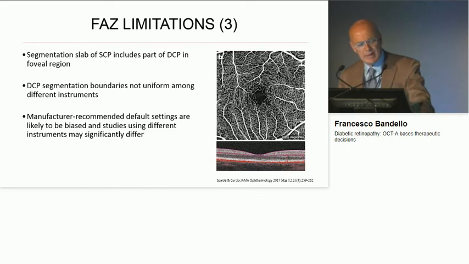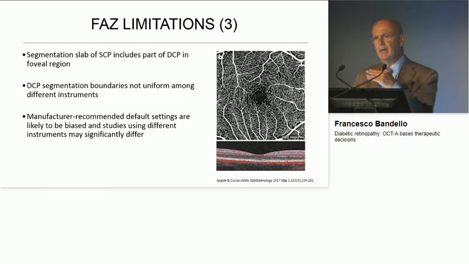And another point is that the segmentation of the superficial capillary layer and the deep capillary layer is difficult to do. Boundaries are not uniform, so many times you are in trouble understanding what is the superficial and what is the deep capillary plexus.